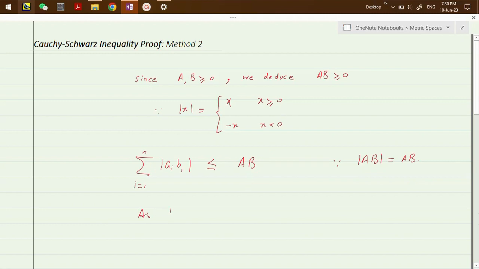As we know that for all real numbers x, y, mod of x plus y is less than or equal to mod of x plus mod of y.